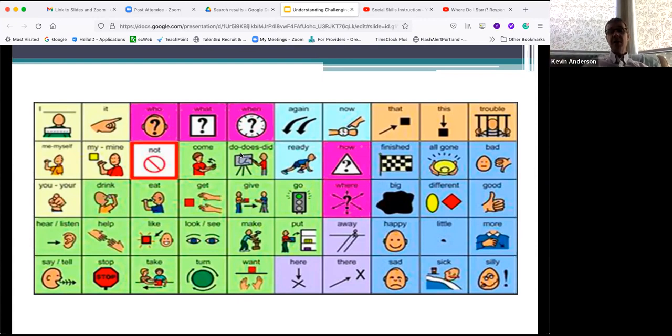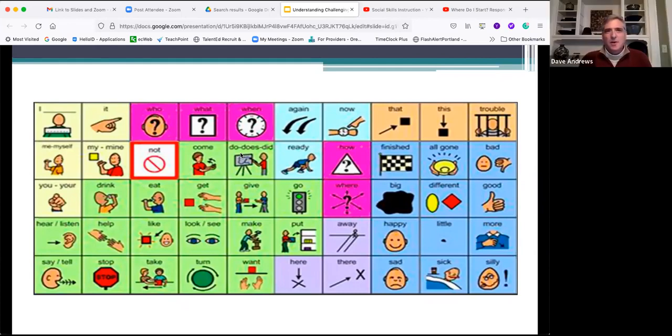Now these visual systems are starting to go into playgrounds. I think there's going to be one going in Southeast Portland as well. I know of a site that might be implementing this in their play area. That's great. In Multnomah County, I think almost all the school districts are starting to use this system.